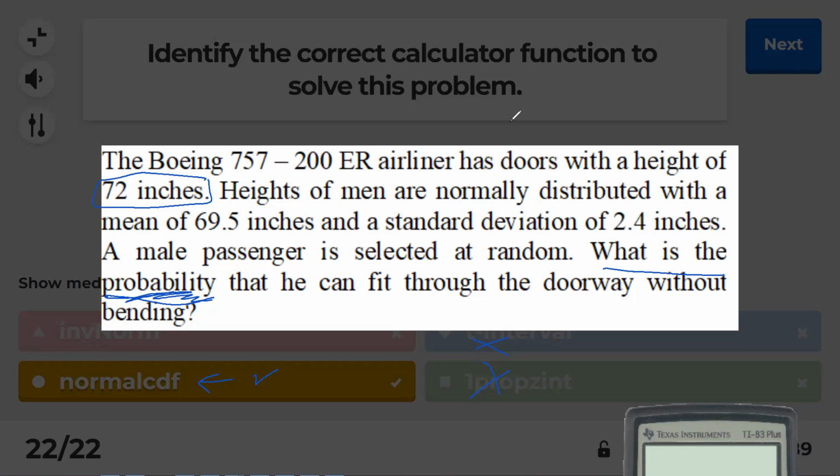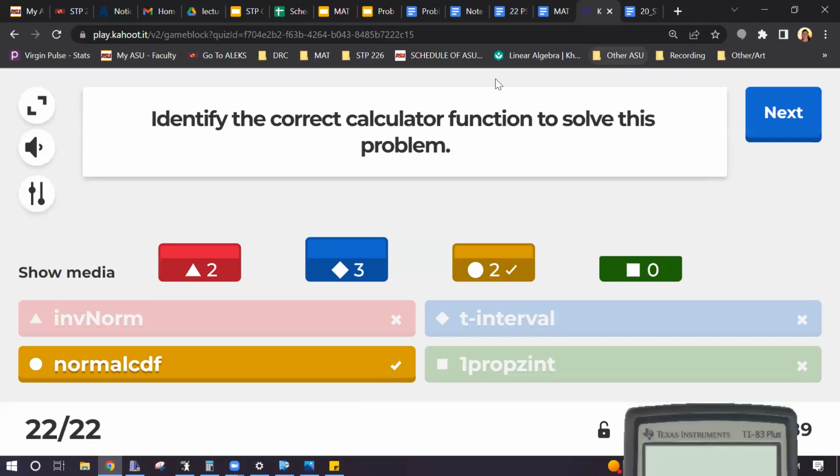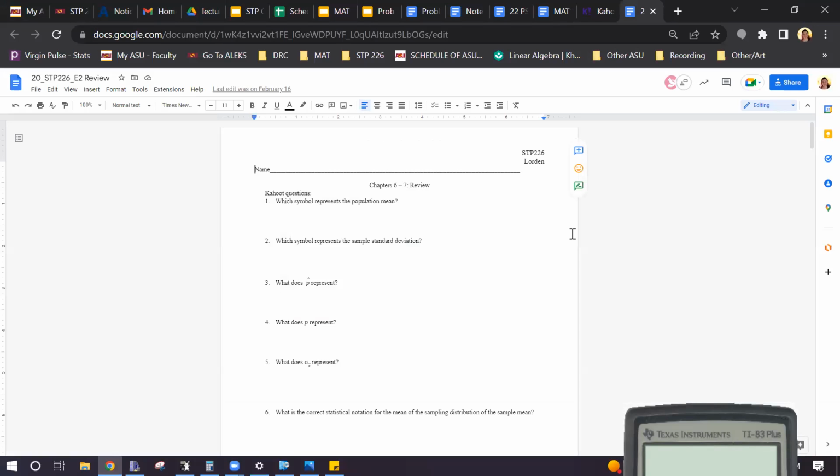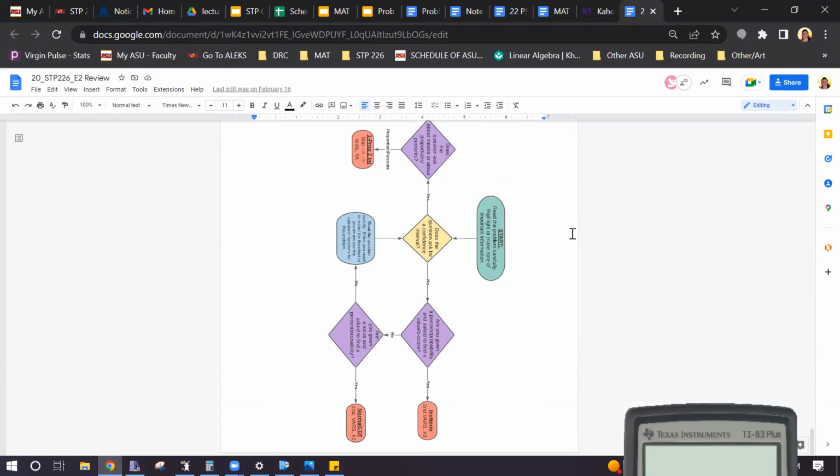So let's go back to the practice paper here. At the bottom here, there is this flow chart that you can use for this kind of problem. So, are you being given a percent or probability and asked to find a value or z-score?